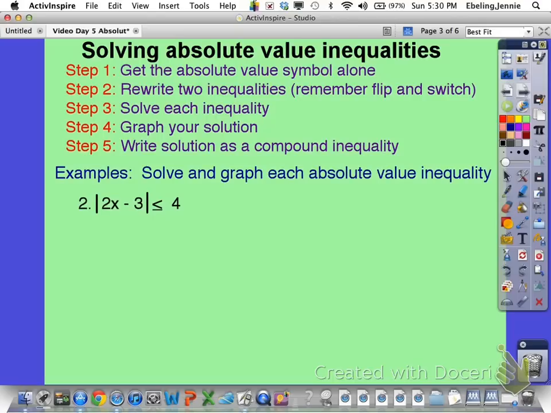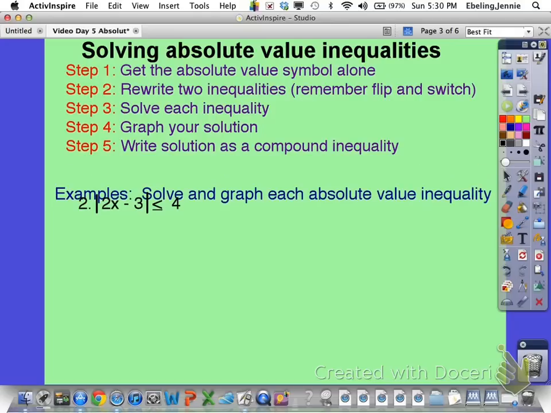Okay, this is the absolute value of 2x minus 3 is less than or equal to 4. So this is a less than or equal to. I want you to mispronounce it as "lessand than or equal to." So when you say lessand than, you know this is an "and" situation.